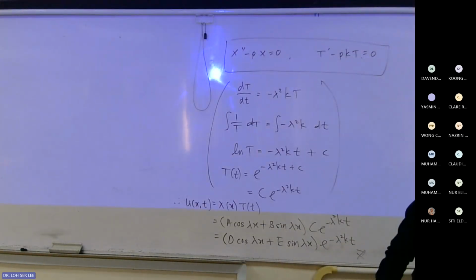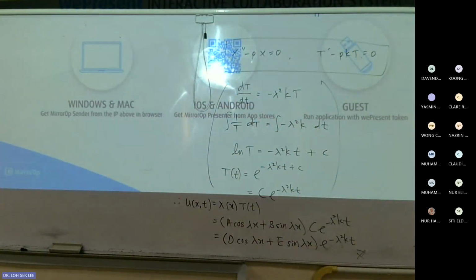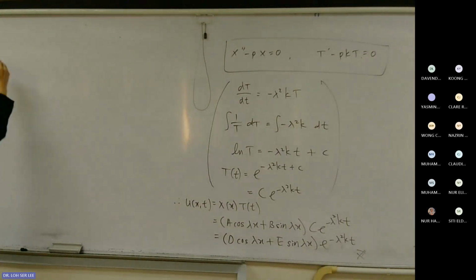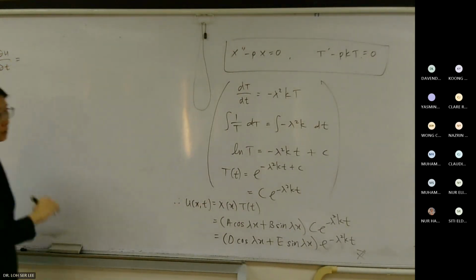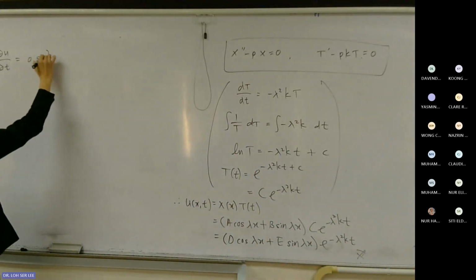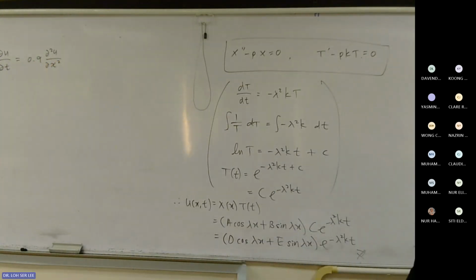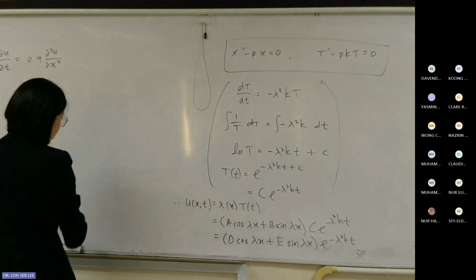Find the solutions of the heat equation along a uniform metal rod using separation of variables. Okay, so now we want to solve this.